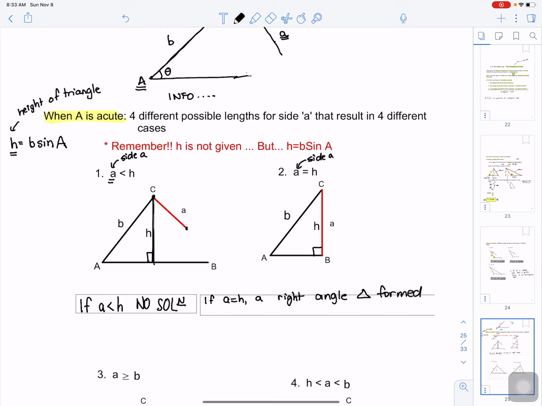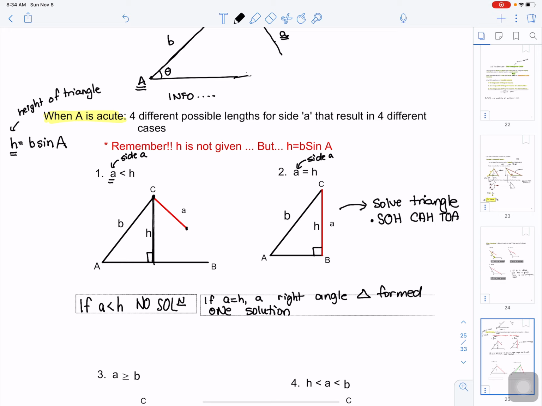And you get one solution. You draw this triangle out, and then you solve it. When I mean solve it, I mean find all the missing sides and all the missing angles. And what you have at your disposal is your SOHCAHTOA rules.